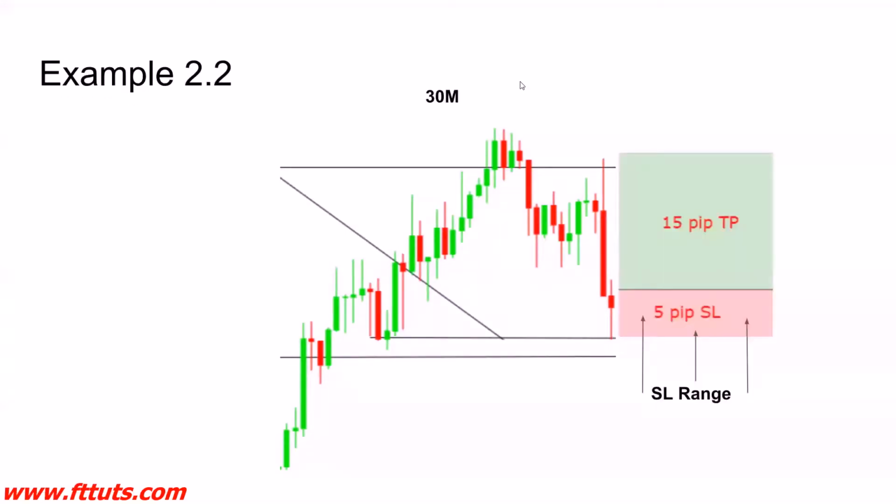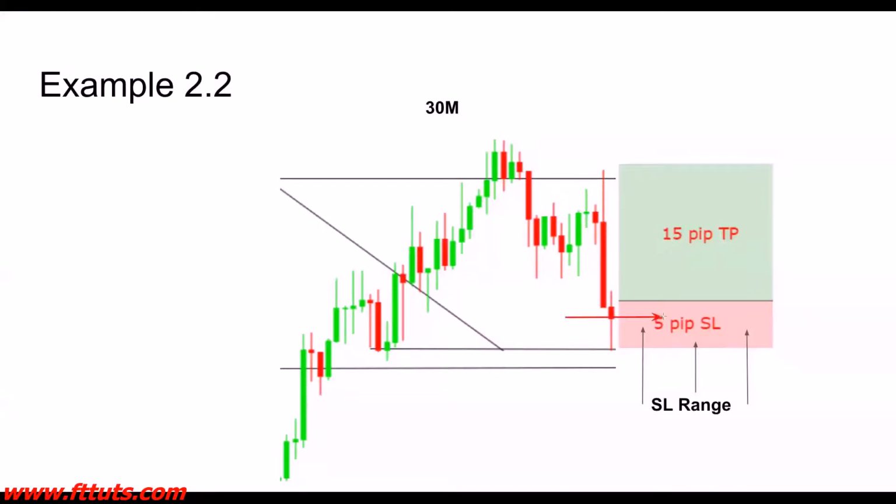So now, what we can see is price is now here. Everybody can see this, right? This is where price is at the moment. This is our stop loss range. So is price within our stop loss range at the moment? Okay.